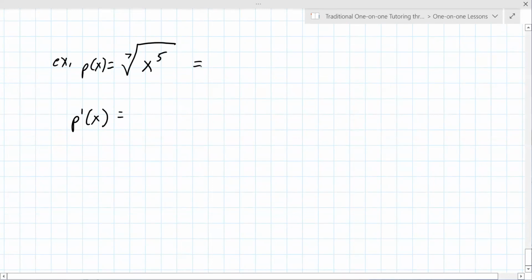You want to first rewrite this as x to the 5 over 7. And then it's 5/7 x to the 5/7 minus 1. So then 5/7 minus 1 is negative 2 sevenths. Yeah, good.